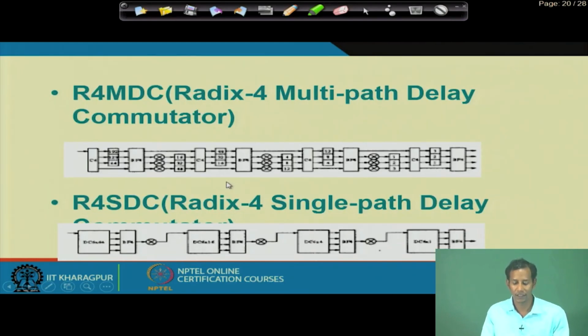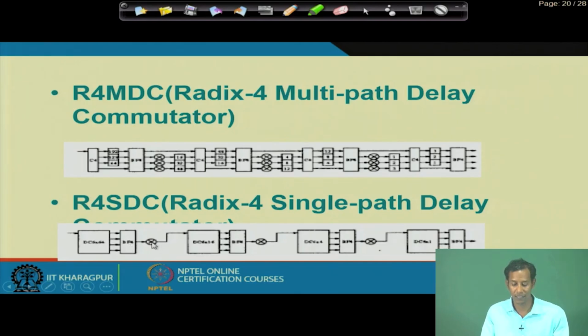Then again, this is the structure for the radix 4 multipath delay commutator block, and then we have the radix 4 single path delay commutator block. Here, multipath means we are combining 4 of the paths.